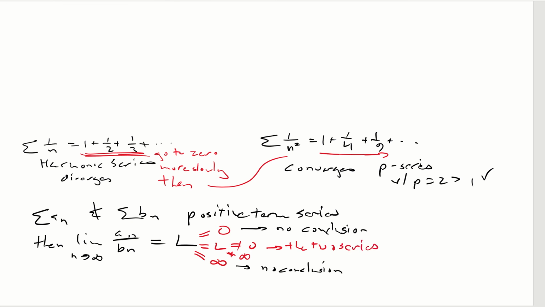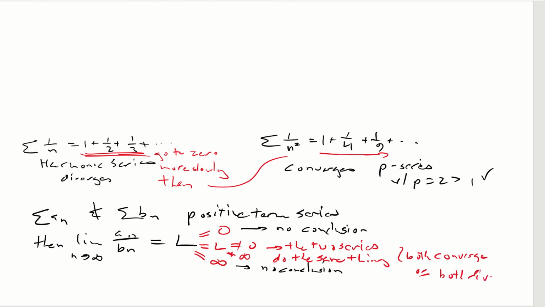They're going to 0 at the same rate. And so if one converges, the other converges, and if one diverges, the other diverges. So I like to say the two series do the same thing, meaning they both converge, or it could be both diverge.